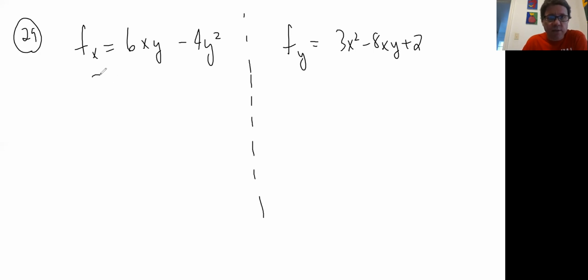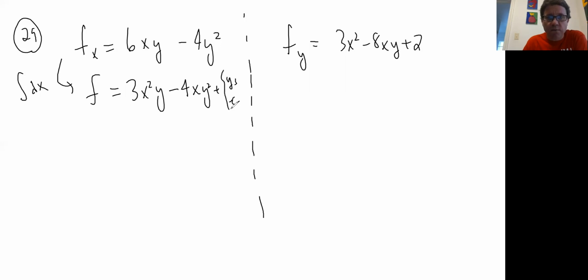As far as an x integral, the function should be 3x squared y, because that's how you get 6xy. And this one would be 4xy squared. That's how you get that one. Then you're going to have some y's and a plus c, and I'll figure out what that is in a second.